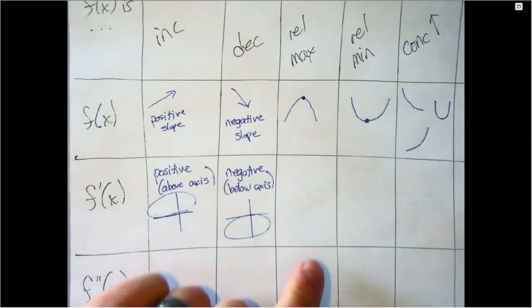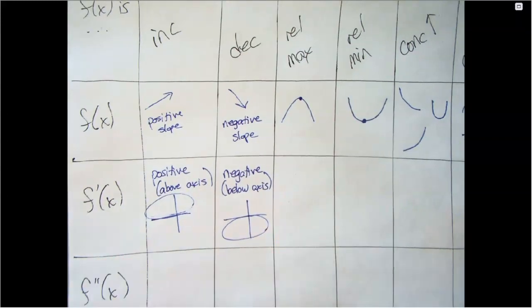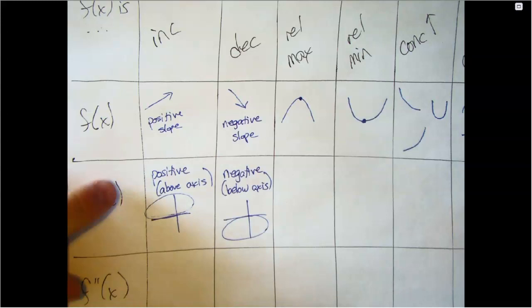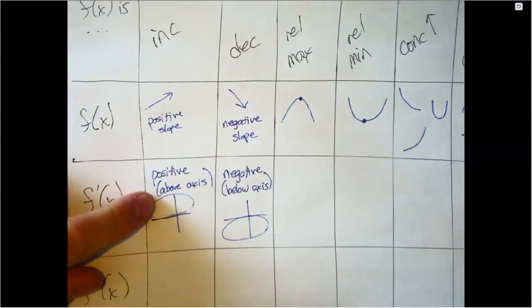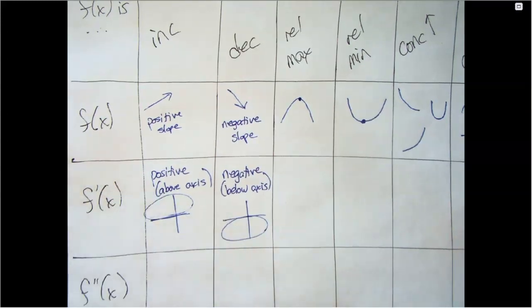So what does a relative max look like on a derivative graph? It crosses the axis is true, but we care about which direction. So it's got to cross high to low or low to high. It's got to cross high to low, because when it's above, the original graph is increasing, and when it's below, the original graph is decreasing.